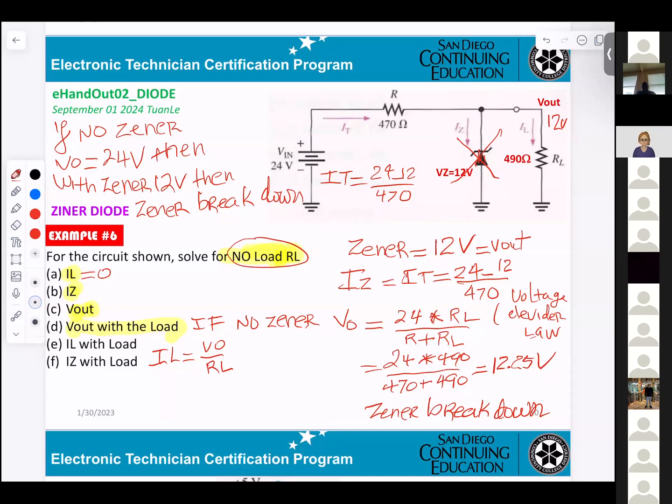You get the current IT here. When it goes in here, you already know the load current IL. Then IZ equals I total minus IL.